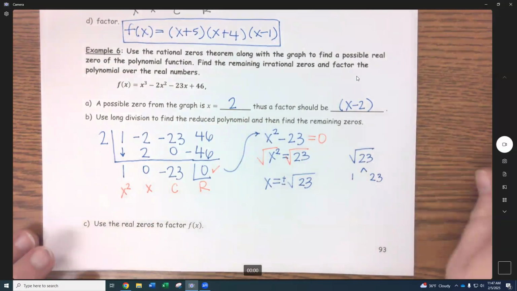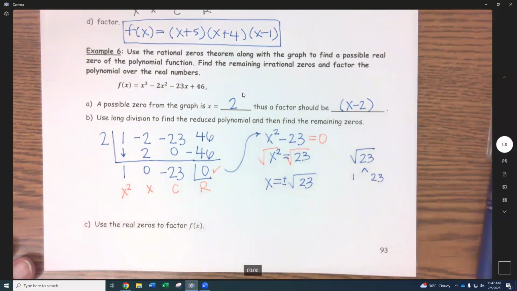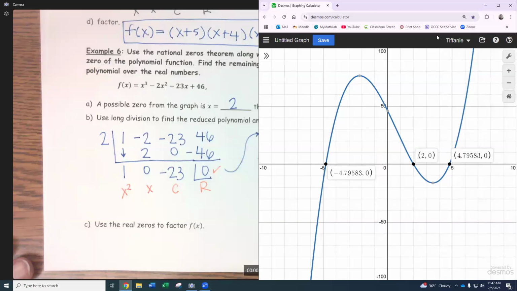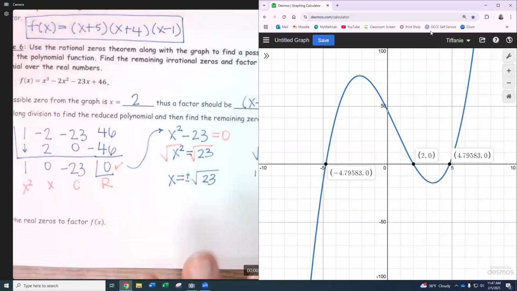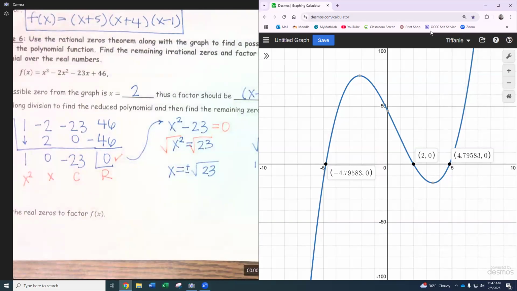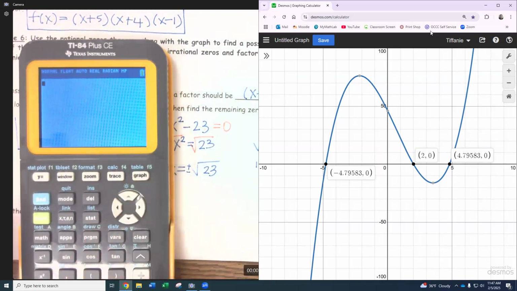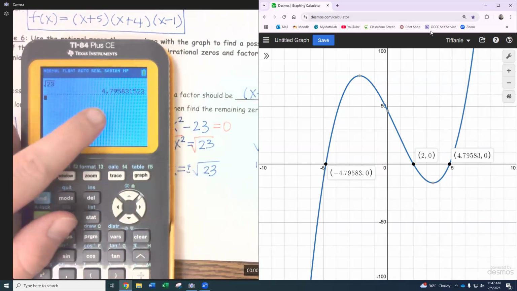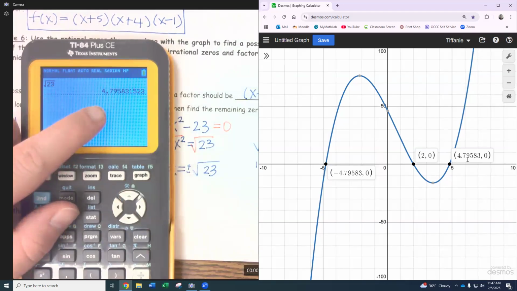Now, we can use that graph to keep checking our answer. We already found on that graph that x equals 2. Can I find the square root of 23 on that graph to check to see if this is correct? Okay, well, if I get a calculator here, and I put in the square root of 23, I do get that 4.79583.